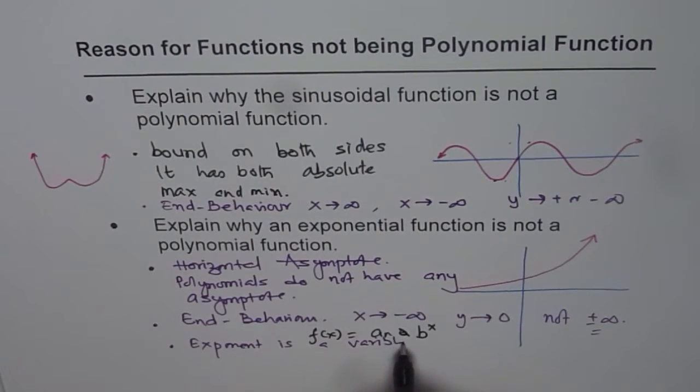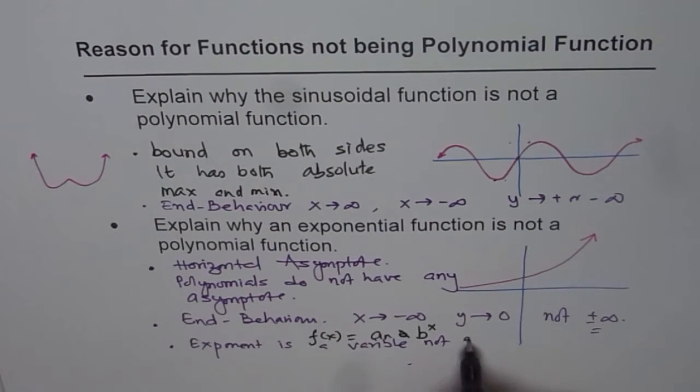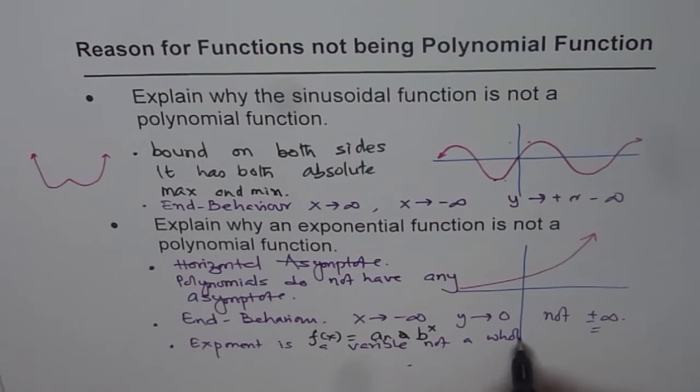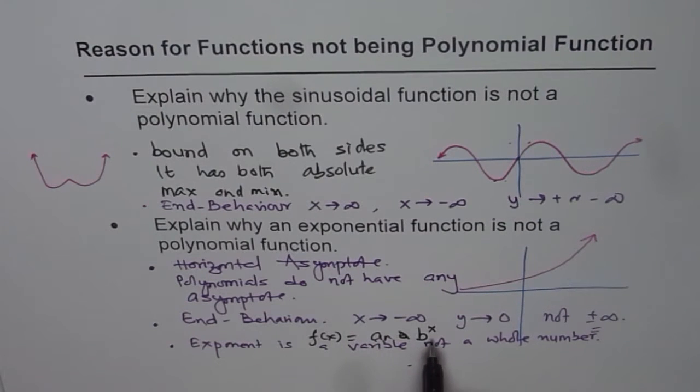It changes. It is not a whole number. It could be any real number, but it's not a fixed whole number. That makes it troublesome, and that's why it is not a polynomial function.